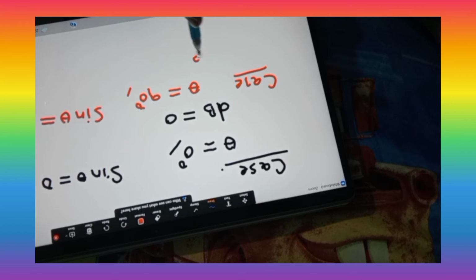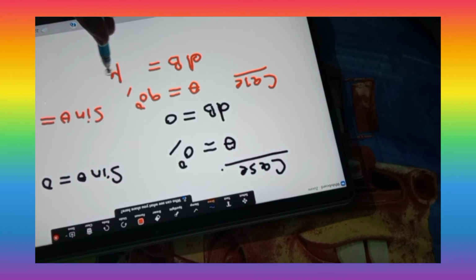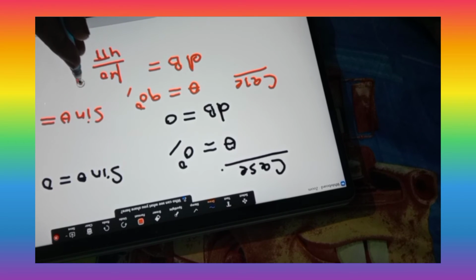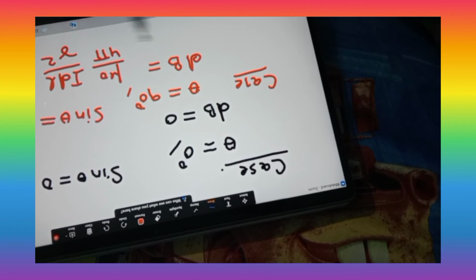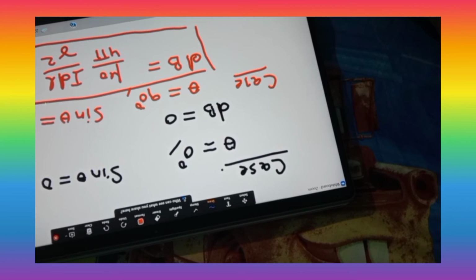And here dB is equal to mu 0 by 4 pi, I dl by r square, and the value of the magnetic field will be maximum.